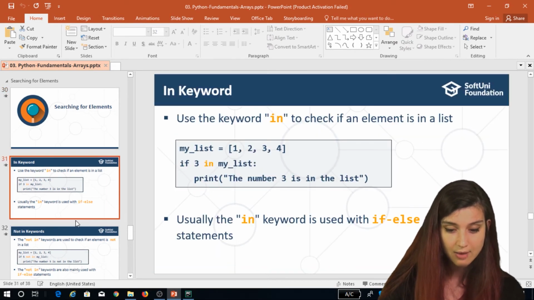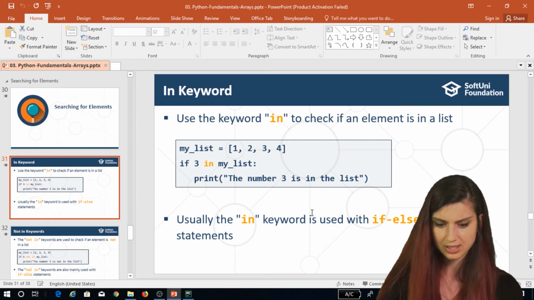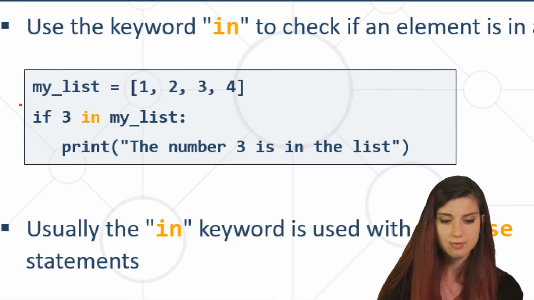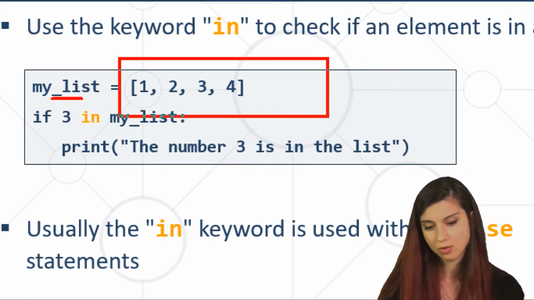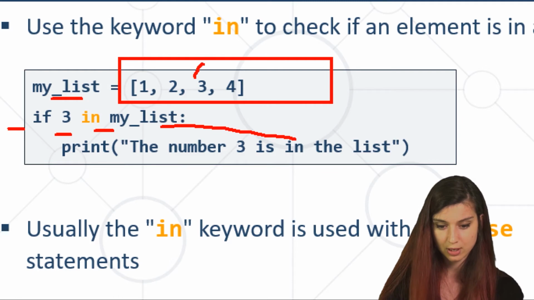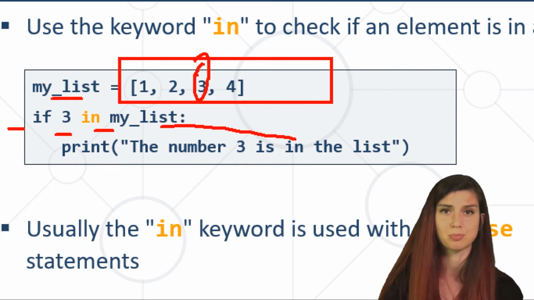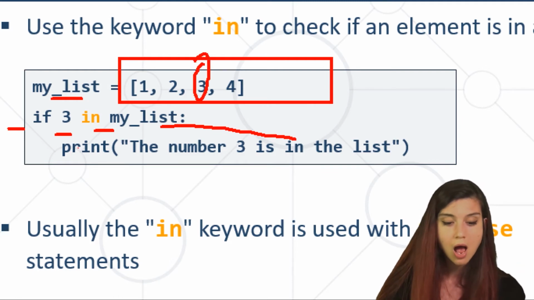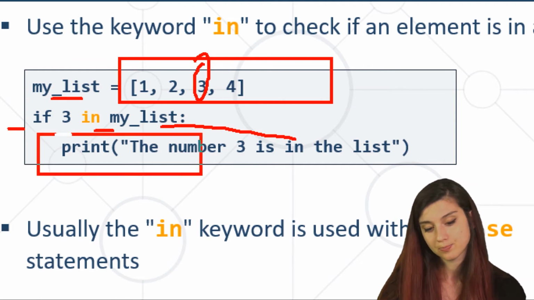But here we have another example, which is with 3. If I have my list, which is from 1 to 4, I will see that I have if 3 in my list. So if I have 3, in this case I have it, so the answer is positive, yes, I have it, it's true, I will get that line.